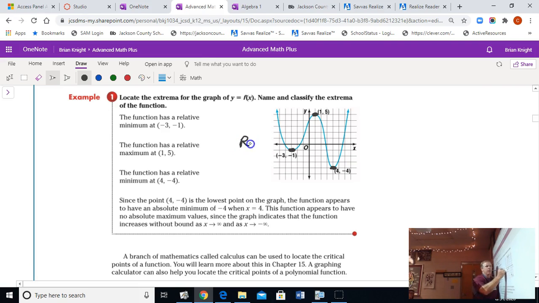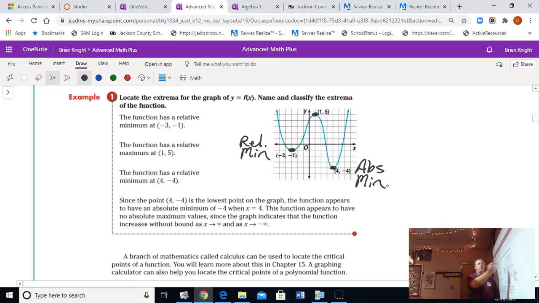Relative. It is a relative minimum, because there's another minimum that's lower than it. Okay? This other minimum, 4, -4, it's considered the what? Absolute minimum. So we're basically just naming the dots? Yep. You're basically just naming the dots.